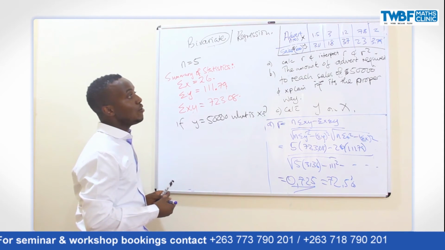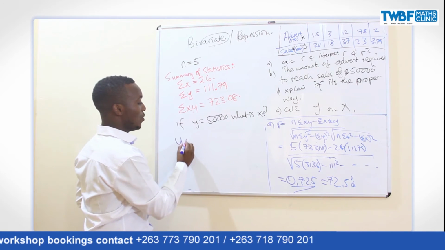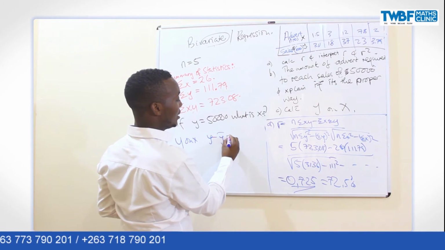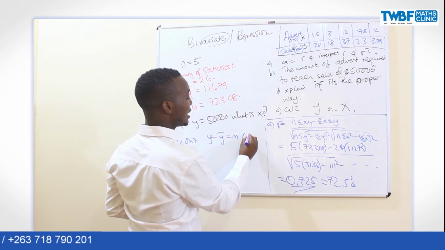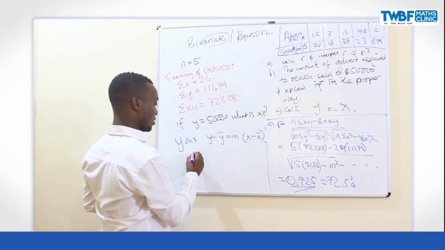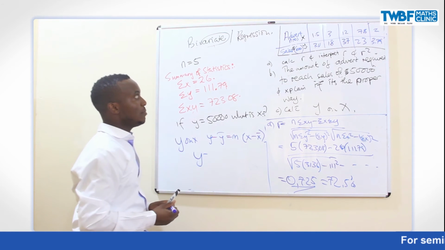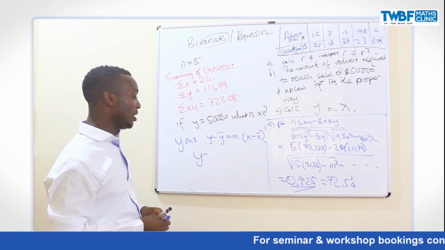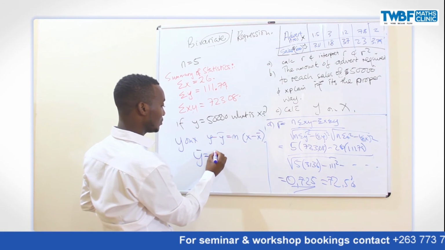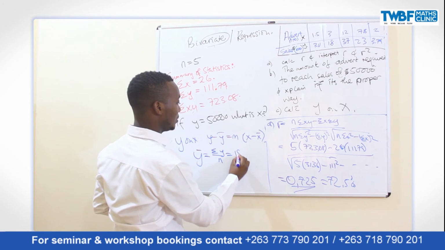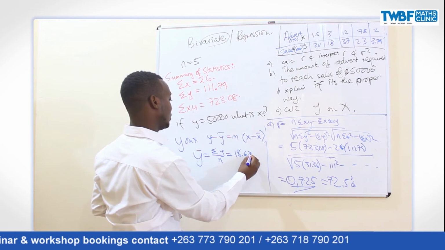Alright. So now, the regression equation Y on X: Y minus Y bar equals M times X minus X bar. What's Y bar? Summation of Y over N, which is 18.63.